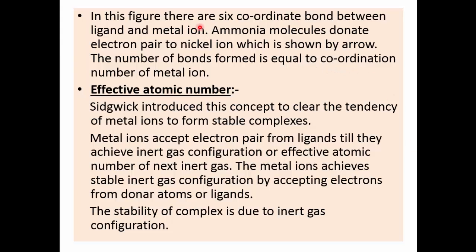In the figure there are 6 coordinate bonds between ligand and metal ion, that is ammonia and nickel ion. Ammonia molecules donate an electron pair to the nickel ion, which is shown by an arrow. The number of bonds formed is equal to the coordination number of the metal ion.